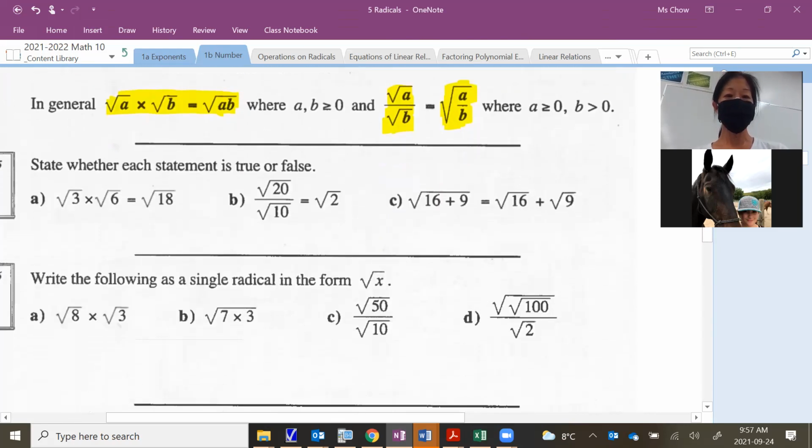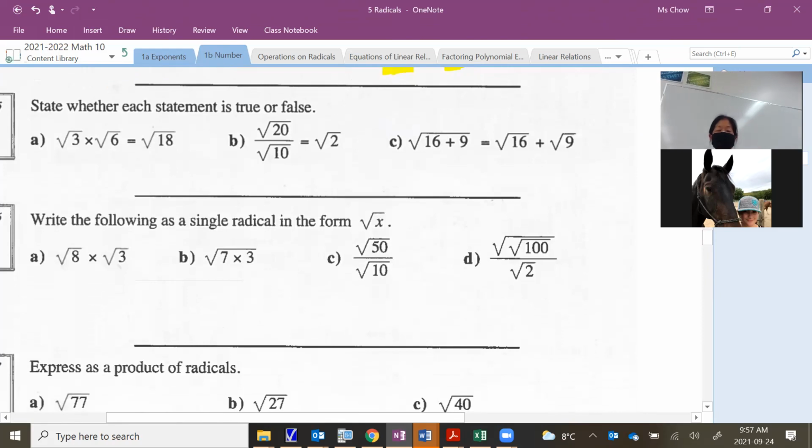So true or false? Root 3 times root 6 is root 18. Is that true? Can I just multiply them together? Yep, because separated or together is the same thing. So it is absolutely true. Root 20 divided by root 10 is root 2. Because it's division, can I put them together?